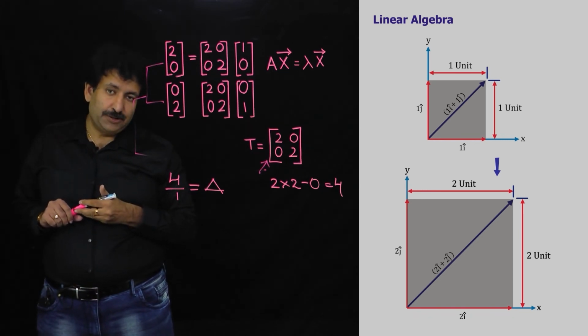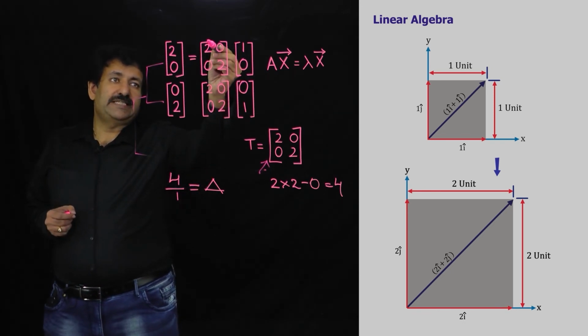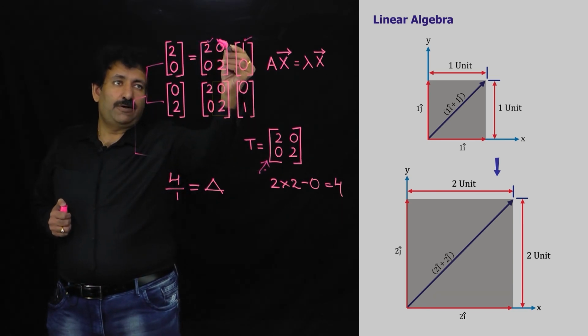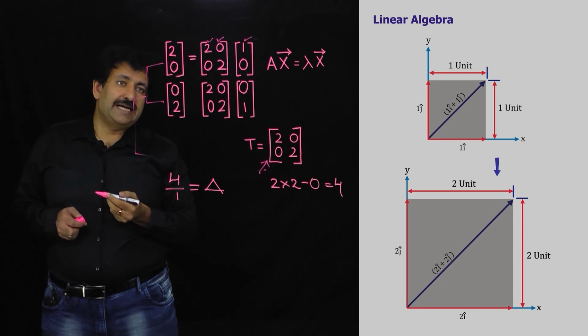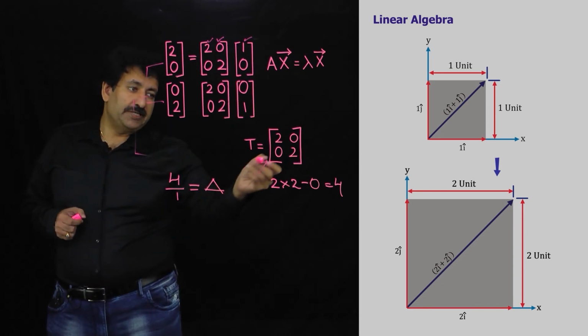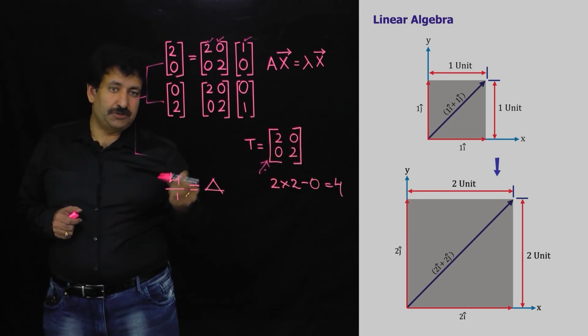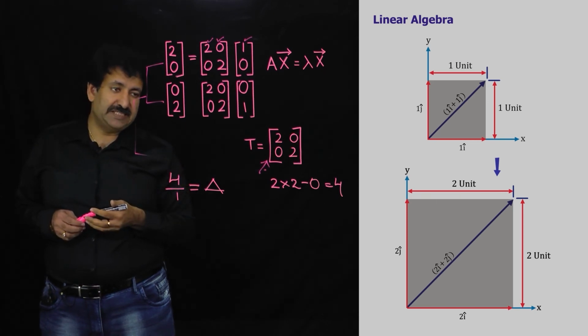From this discussion, two reckonings are categorical. We saw that the first column in fact scaled the x vector and the second column scaled the y vector, and also we saw that there was no distortion owing to the fact that off-diagonal terms are not populated, which you would experience in the next transformation.